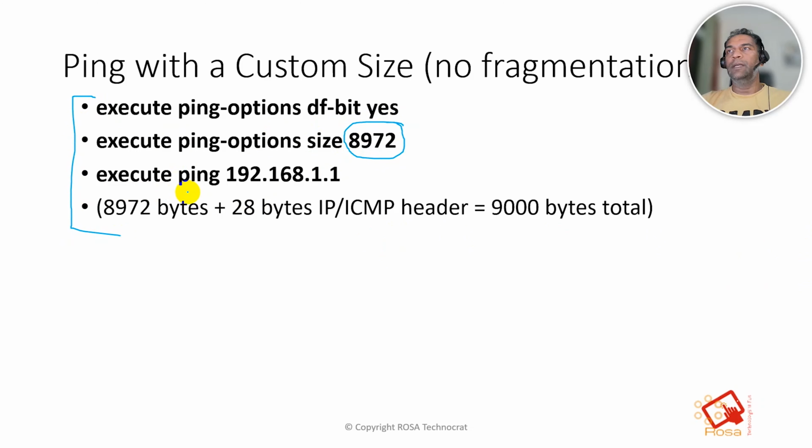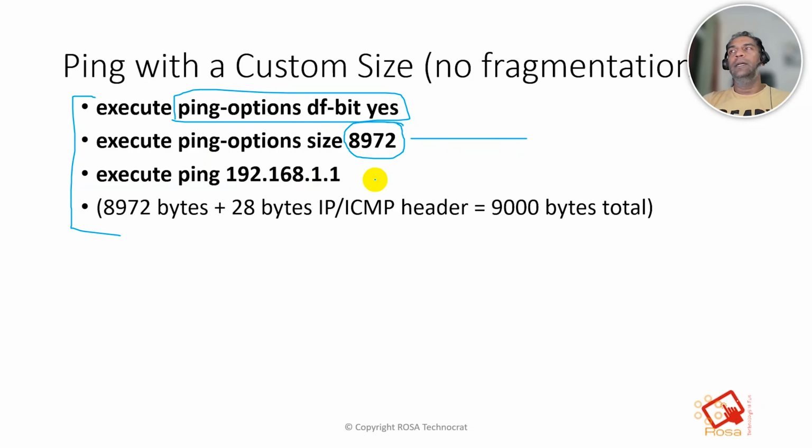So execute ping can be used along with these options. Ping options, DF bit, yes, sets the DF bit for testing purposes. You can use ping options DF bit yes, ping options size 8972, and then ping the destination you are testing, to know the maximum MTU you were able to transfer.